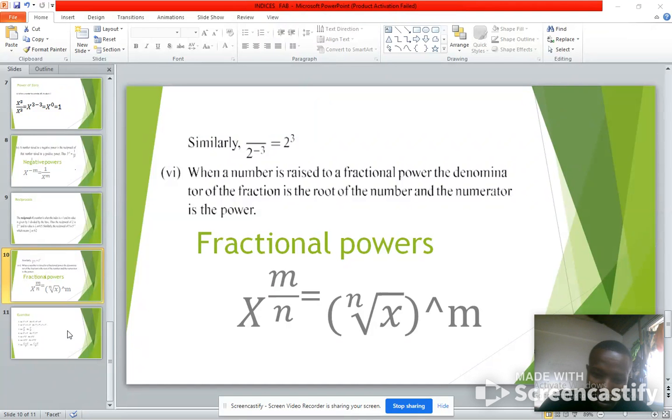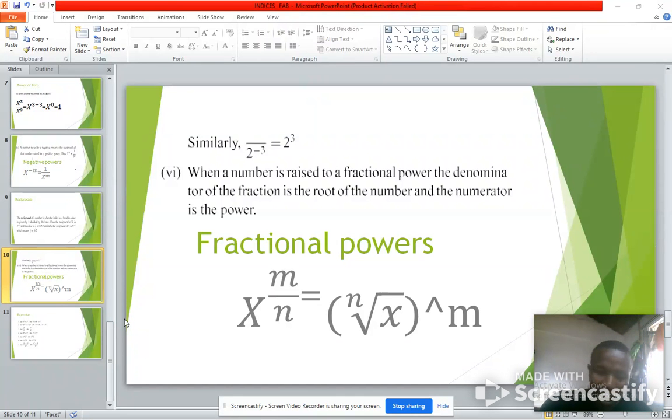Lastly, from what we have learned, I think we can do an example. You can note this down.